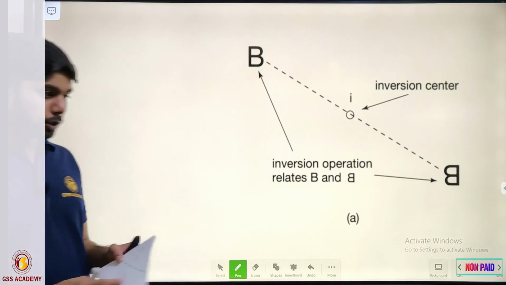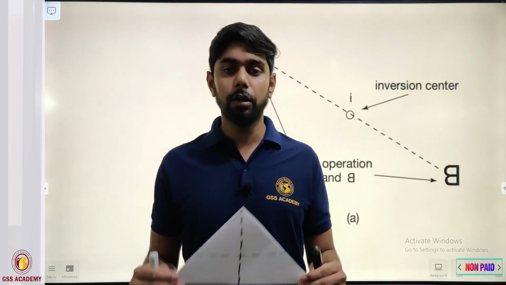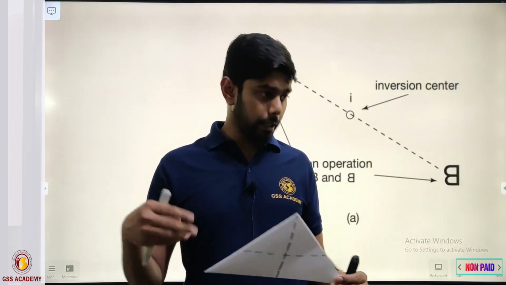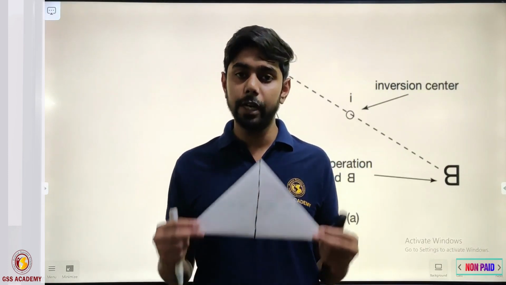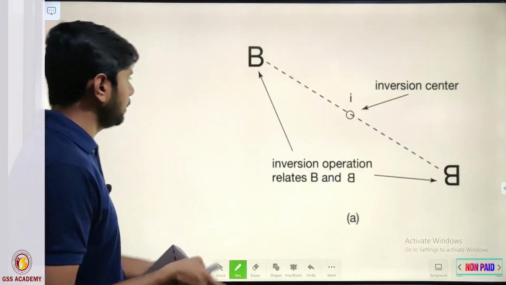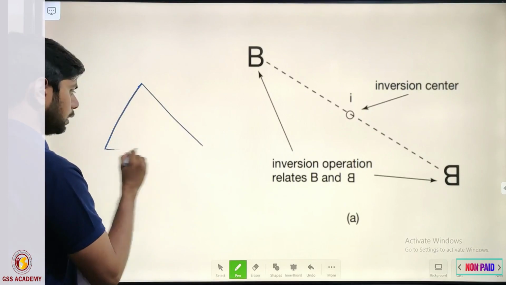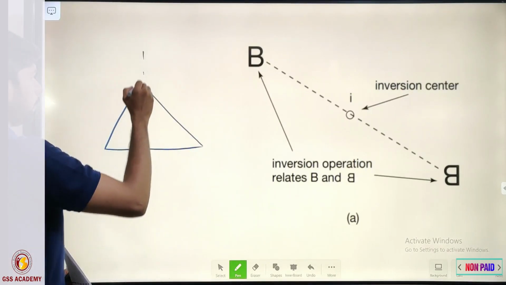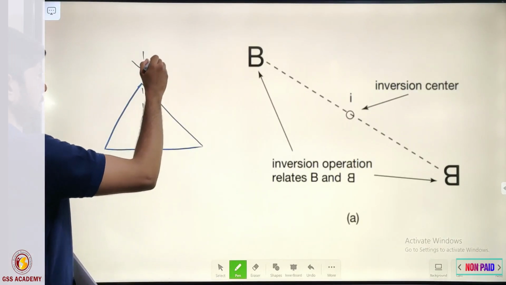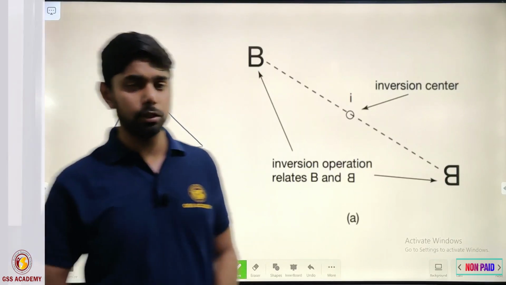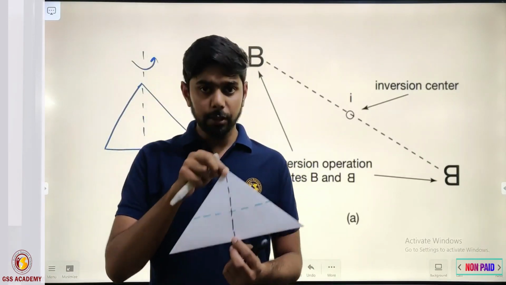So let's assume that this is a 2D figure. We have to operate on these things in a 3D crystal, but for example we are taking a 2D figure for your reference. This is a 2D figure, which is a triangle. If I want to rotate the crystal along this axis, what will be the axis of rotation? This is a black axis.